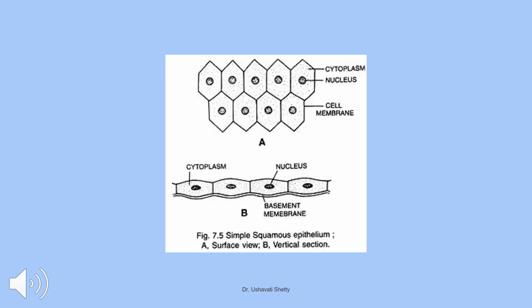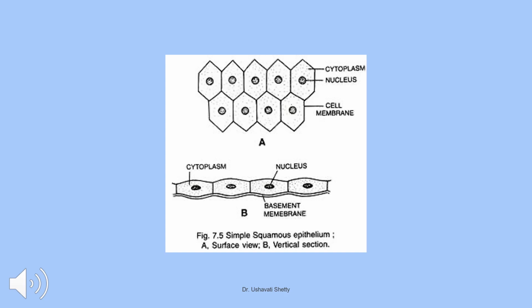Now let's take each of the epithelial tissue separately, starting with squamous epithelium. The cells in the squamous epithelium are very thin and flat. They would appear like tiles over the floor. The cells are irregularly shaped, compactly arranged in a single layer on the basement membrane. It shows the presence of a centrally located nucleus.